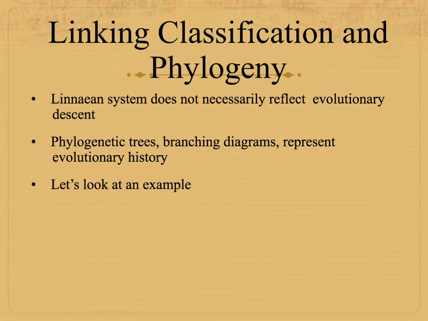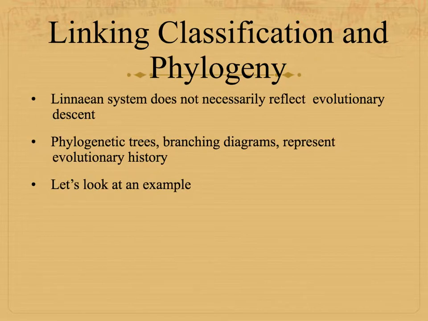Okay. So Linnaeus's system does not necessarily reflect evolutionary descent. It can, but that doesn't mean that it necessarily does. Phylogenetic trees, branching diagrams, evolutionary histories, cladograms are a little bit more specific about what the evolutionary history could have been.